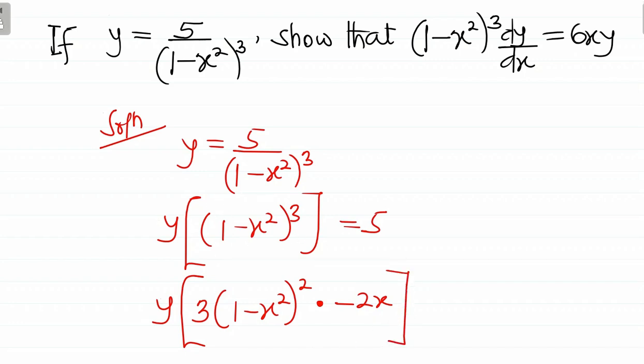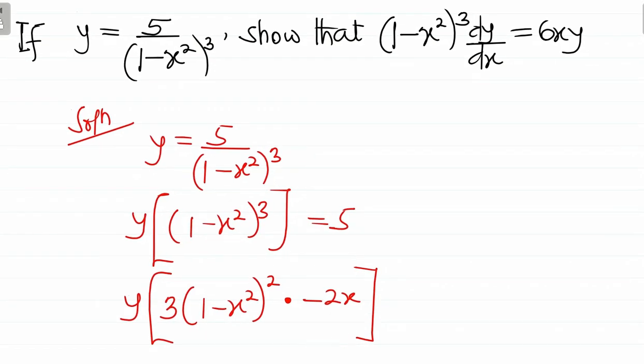Now once we are done, we can see that we are left with the differential of y, because in the first place we maintained y and differentiated this. So we continue by saying we differentiate y and maintain that of (1 minus x squared) all exponent 3.